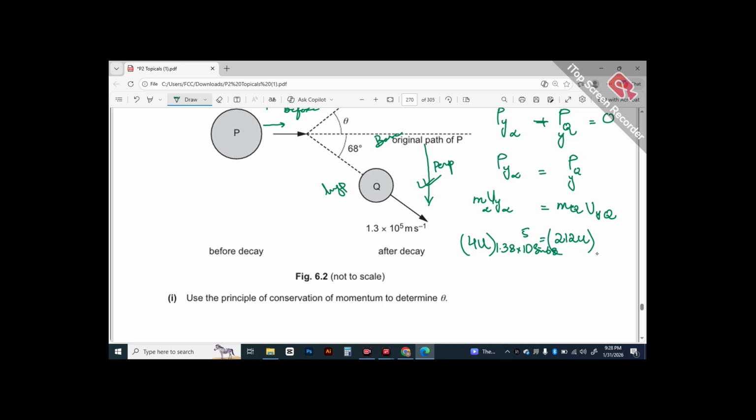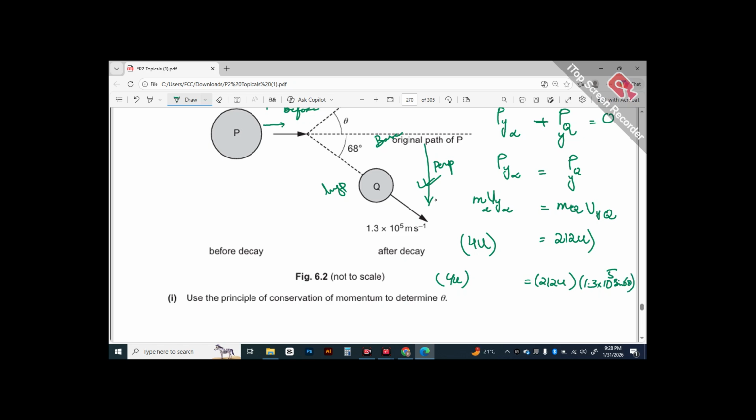Okay, so I wrote Q's velocity instead of alpha's velocity. Let me rewrite it here. Mass of alpha particle, here we have mass of Q times the y component of the velocity of Q, which is 1.3 × 10^5 sine 68.